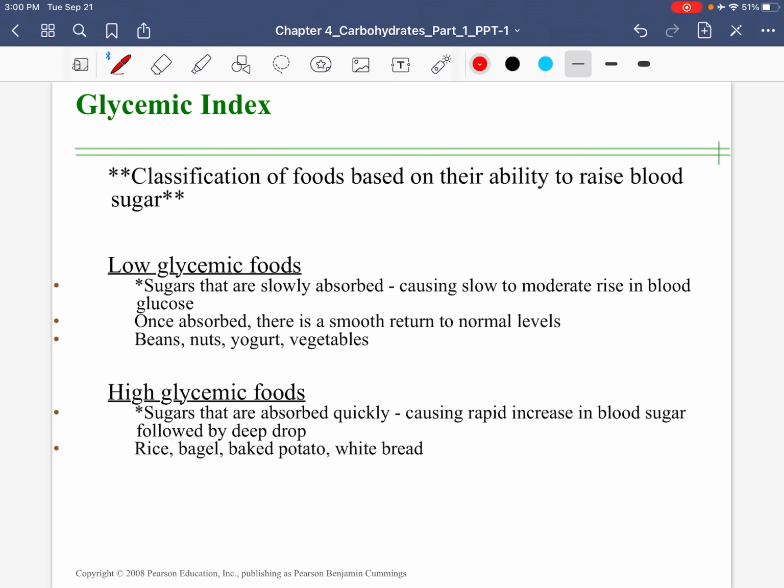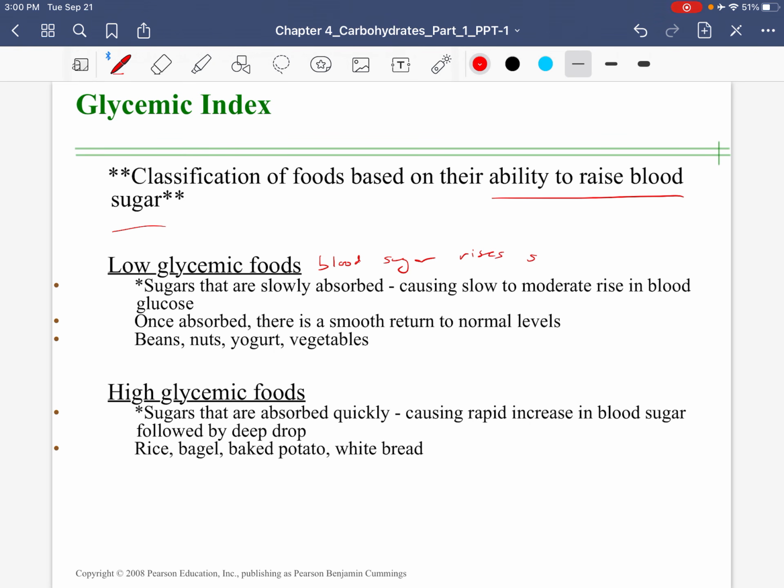Glycemic index is a number assigned to a food based on its ability to raise blood sugar. It's a value given to a food on its ability to raise blood sugar. For example, a low glycemic index food will cause the blood sugar to rise more slowly.